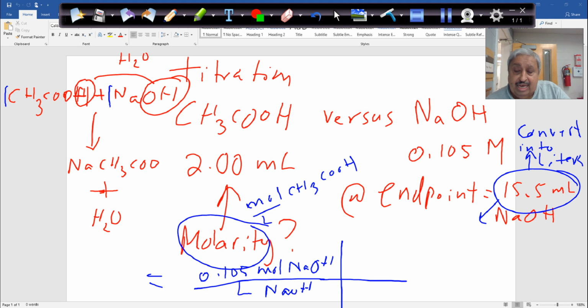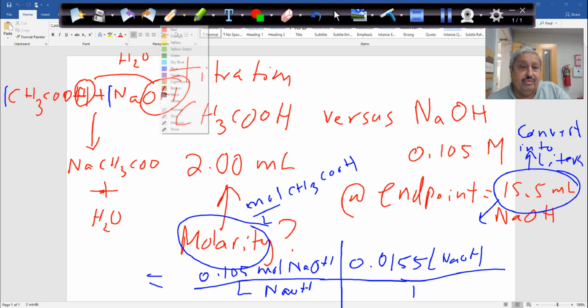So multiplied by the liters of this, 0.0155 liter sodium hydroxide. Now see how nicely the units are cancelling themselves. Liter sodium hydroxide, liter sodium hydroxide cancel themselves out.